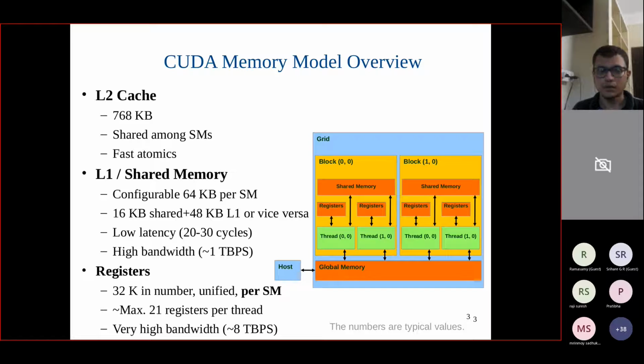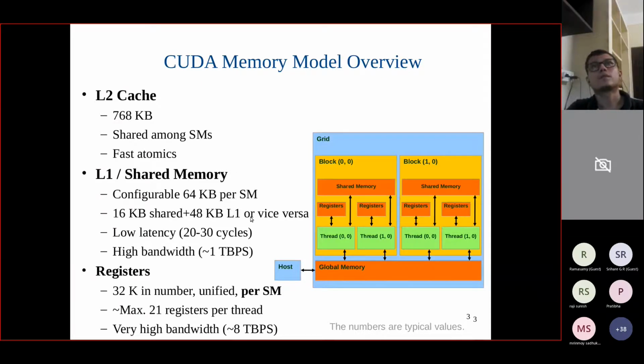So what is the difference between shared and L1? First of all, we should understand that. Shared memory is programmable; it is controllable by the programmer. You can specify that you want to declare a variable which should be stored inside this shared memory. L1 cache, on the other hand, is something which hardware manages.